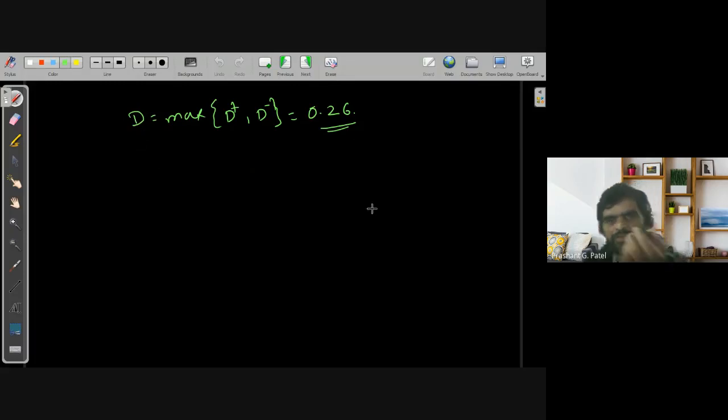You can say whether the generated random numbers are uniformly distributed or not using this test. Will you be able to do the programming for this?